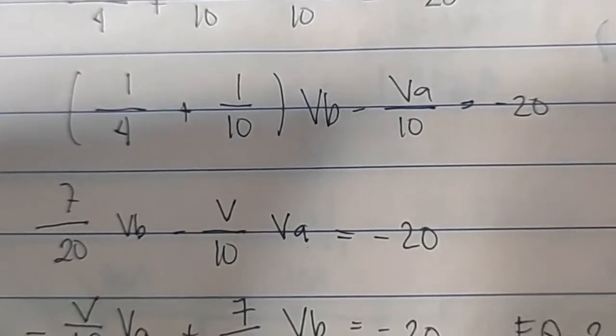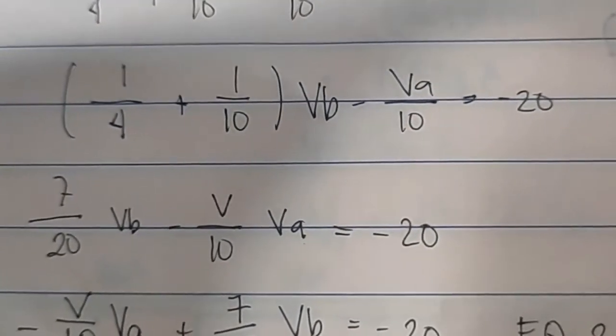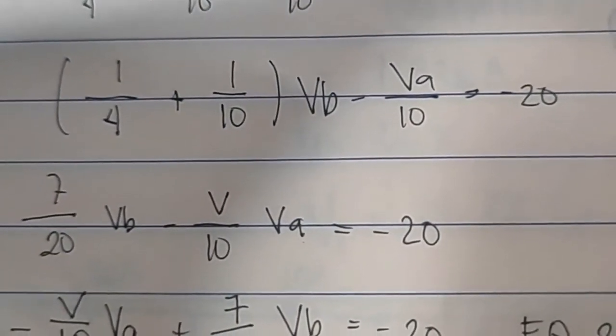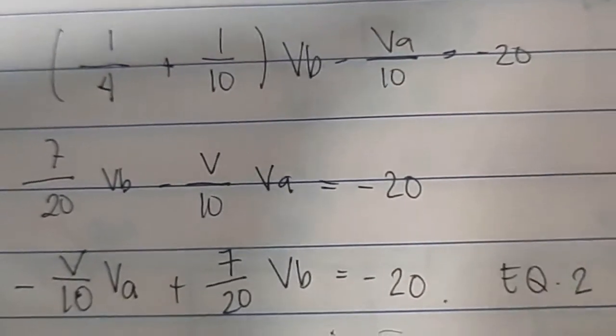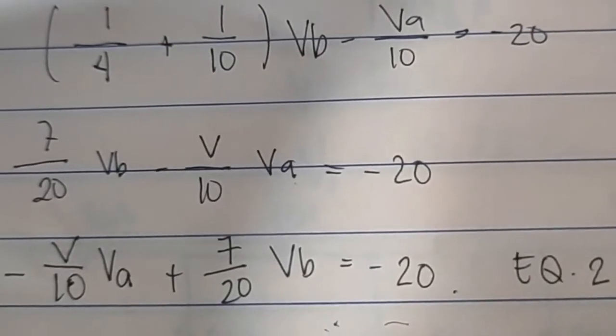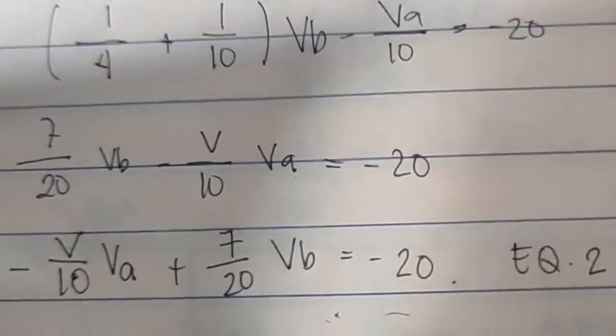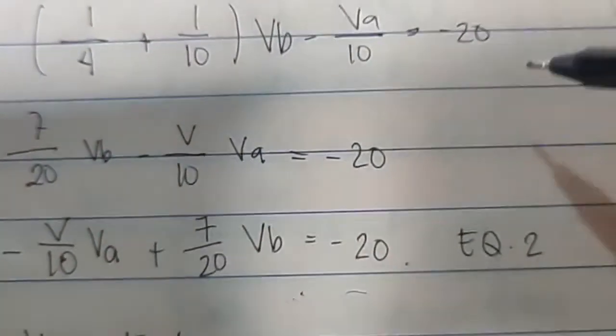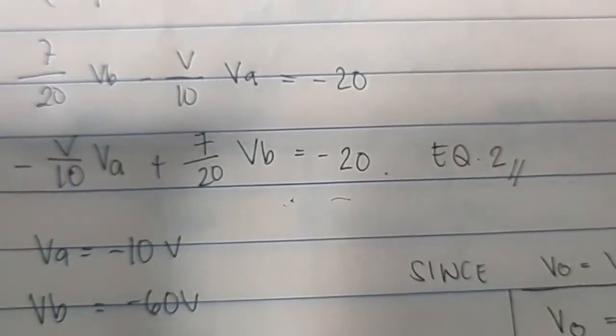So 7 over 20 VB minus 1 over 10 VA is equal to negative 20. So negative 1 over 10 VA plus 7 over 20 VB equals negative 20. That is our equation number 2.